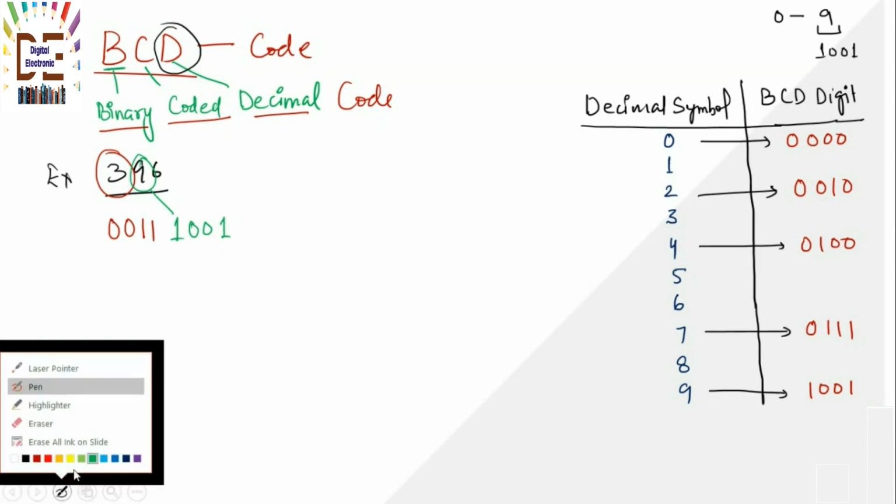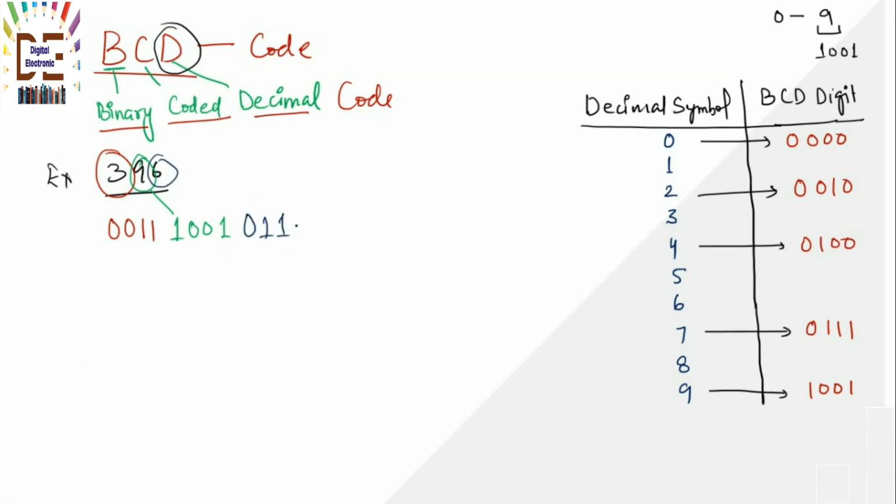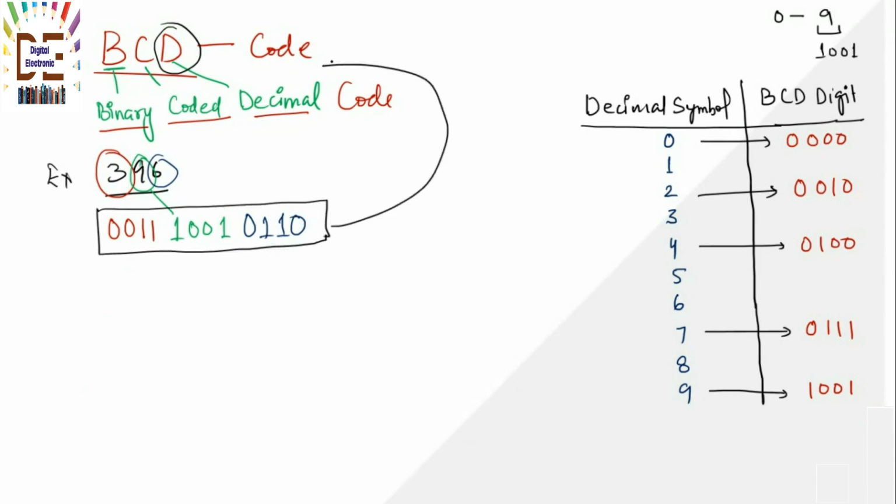And for 6, I use 0110. So this represents your BCD. What we are doing is using 4-bit groups. Each 4-bit group represents one decimal digit equivalent.